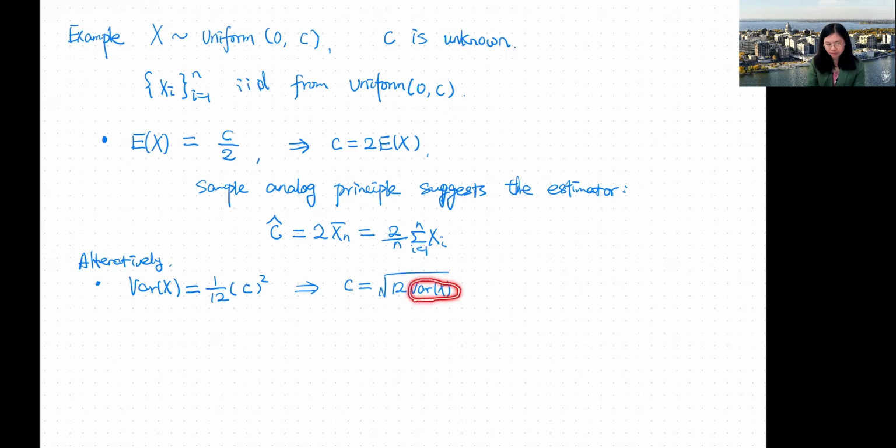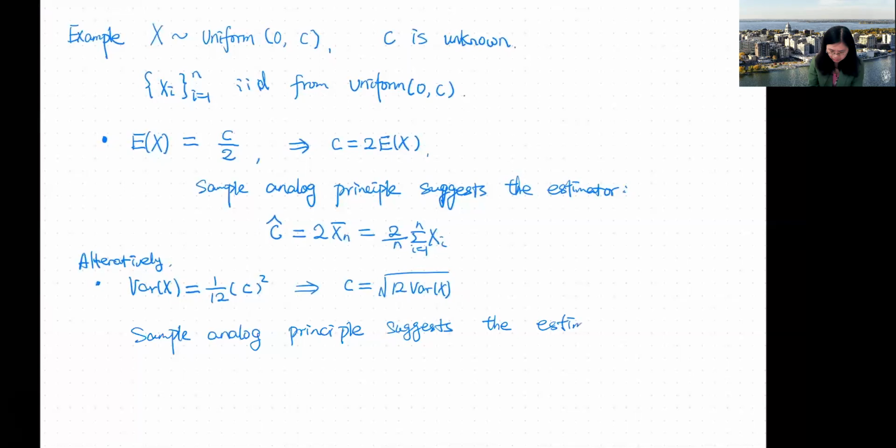So how do you estimate the population variance? We can use the sample variance to estimate this population variance. So the sample analog principle suggests the following estimator.